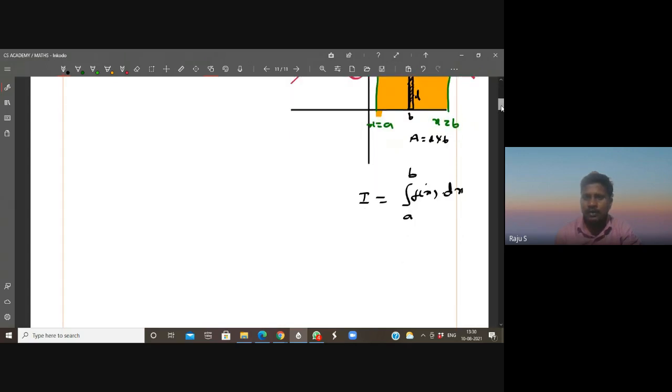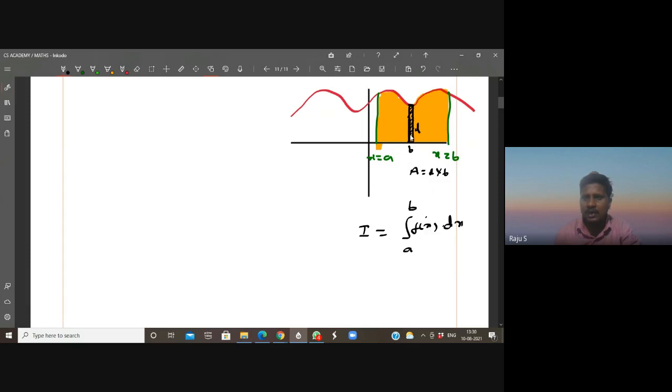So L into B gives the area of this small region alone. But I want the area from a to b, which is given by A is equal to integral a to b.